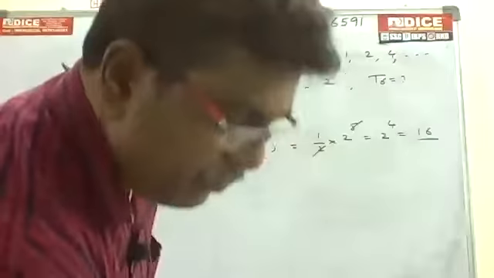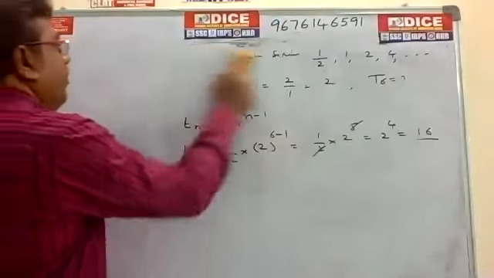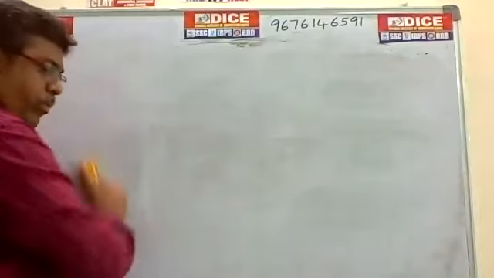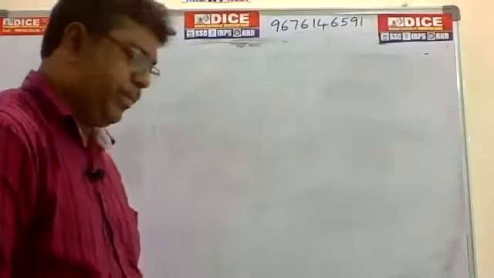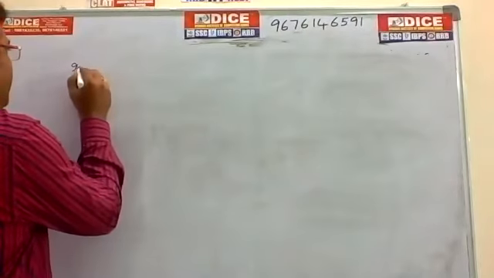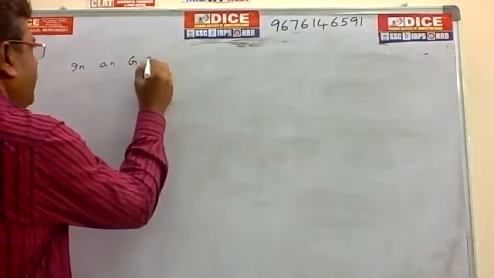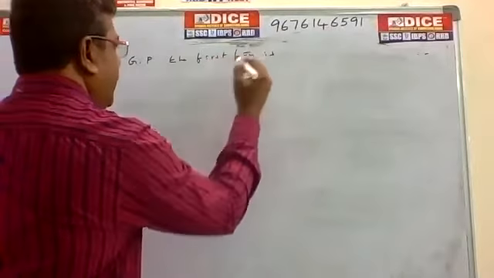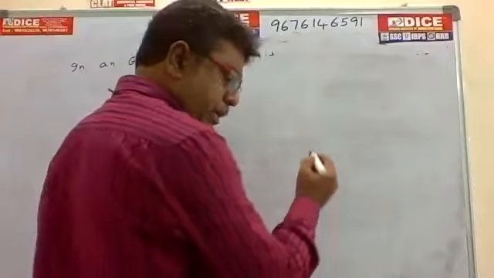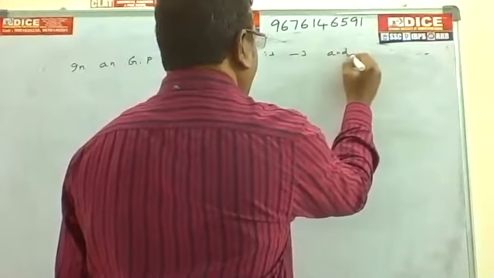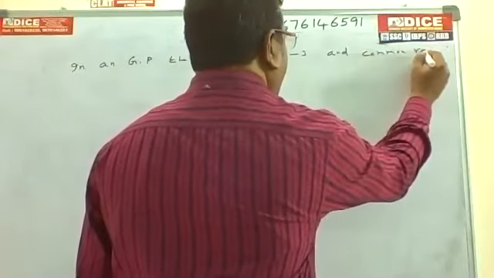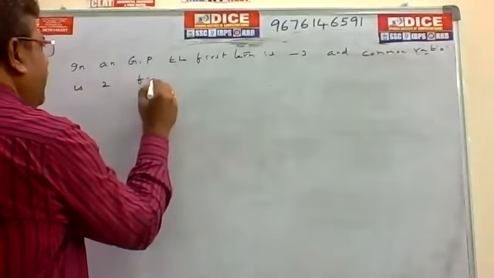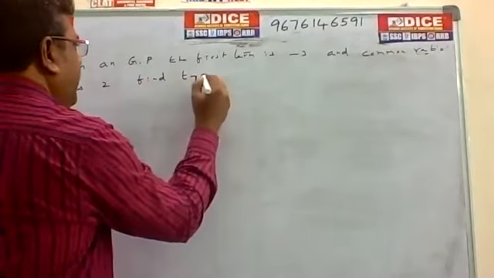Okay, next one. In a GP, the first term is minus 3, and common ratio is 2.